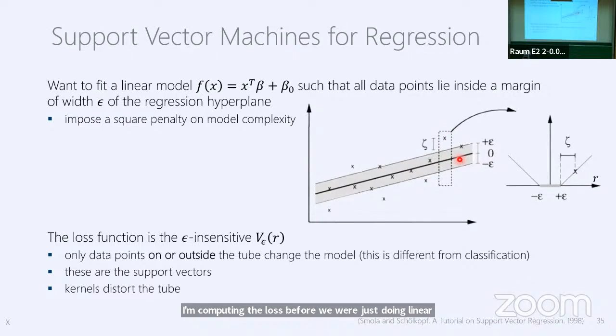So how much I'm predicting is the output, minus the actual output, take the brackets, square it. Now we say the loss is this special function where if I'm within the epsilon distance of the line, the loss is just 0. I don't count it. When I'm outside of the tube, I count linearly. So now it's not a square, it's just linear. You just report the distance as the actual loss.